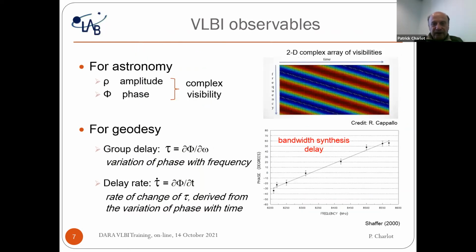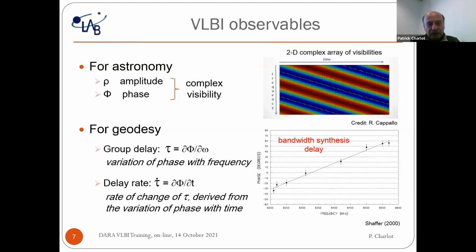So what are the VLBI quantities, the VLBI observables that you use? Actually, there are two types of observable, those that you use for astronomy and those that you use for geodesy. So just about astronomy, what you use is what we call the complex visibility, which is made of two quantities, the amplitude and the phase.